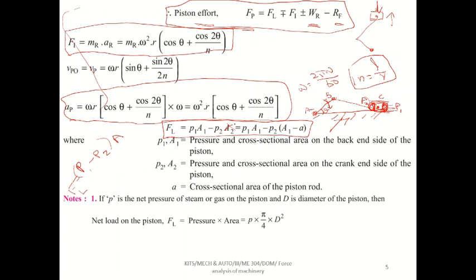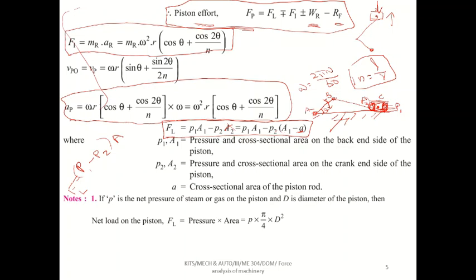Most of the time they won't give the A2 value. If they give, we have to include it. Otherwise they will give the area occupied by the connecting rod. If they give like this, that is small a, the area occupied by the connecting rod, that is the piston rod. Then you have to put A1 minus a.